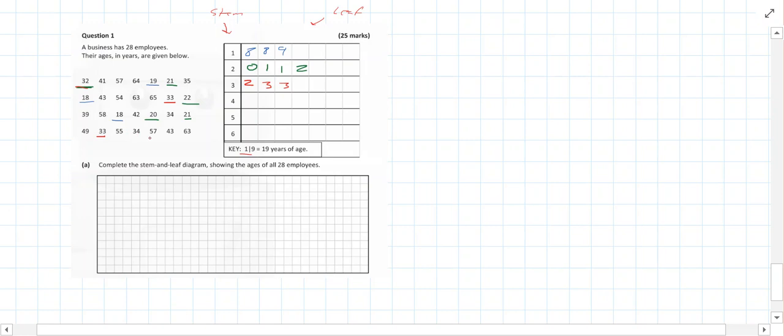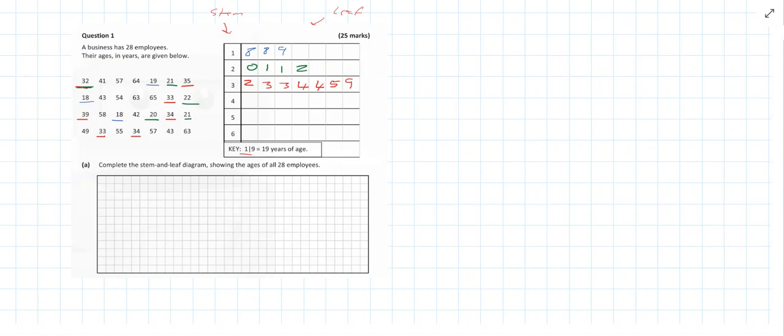Then let's look for the next number up. It's going to be 34, so we put a 4 in here. Another 34 there, so we put a 4 here. Do we have another number up? So we have 35, so we're going to put a 5 here. Then I thought I saw a 39, so we have 39 here, so you put your 9 there. So I think that's all of the numbers that start with 3.